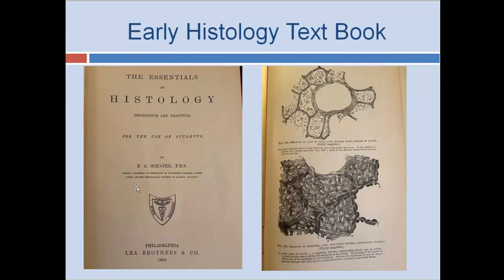And on the right, you see drawings of the lung. On the top here is actually a lung as a section where you can see the alveolar septa and some of the cells outlined. And then down below, you can see what looks like little channels, and those are capillaries on the surface of alveoli. Well, back then, in 1885, these were being drawn.